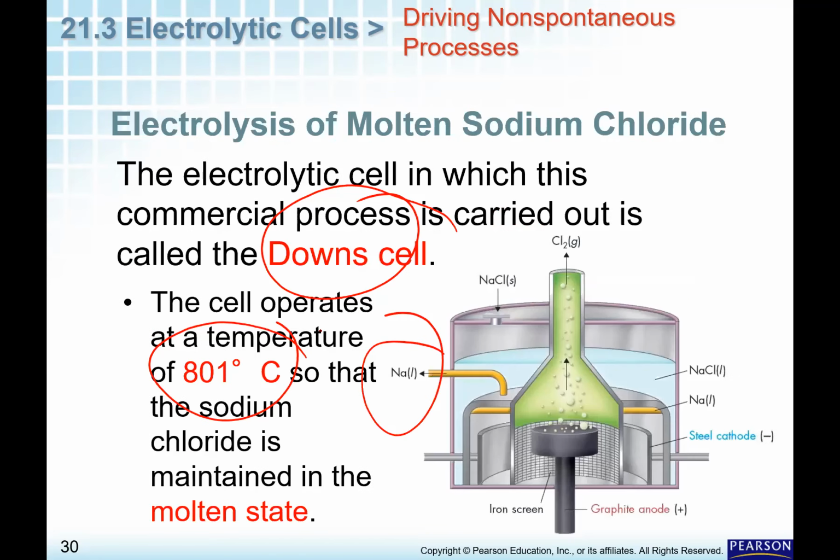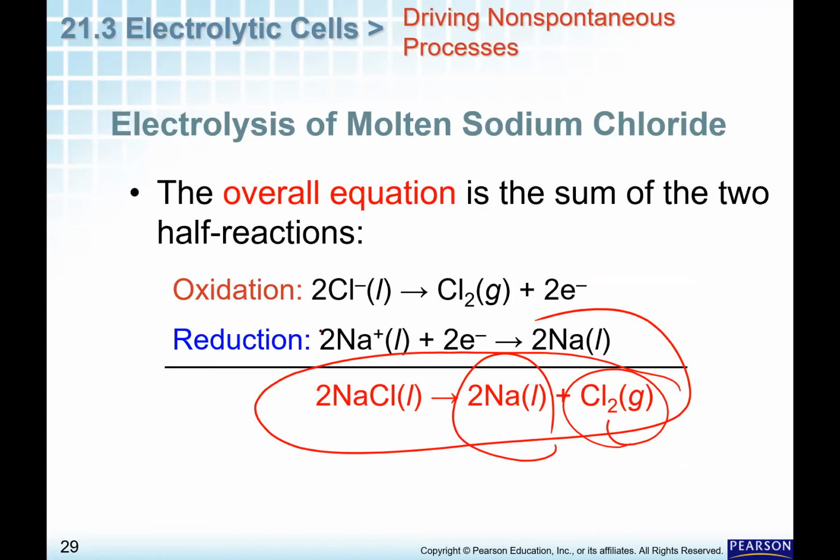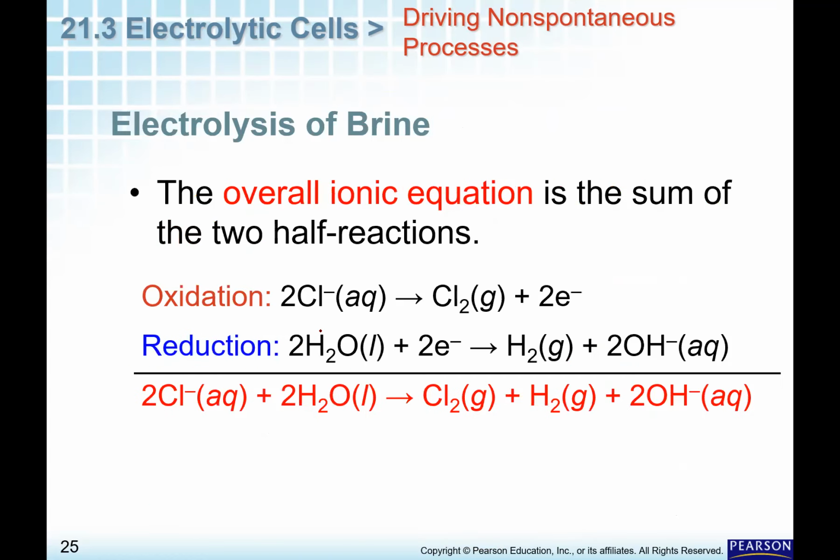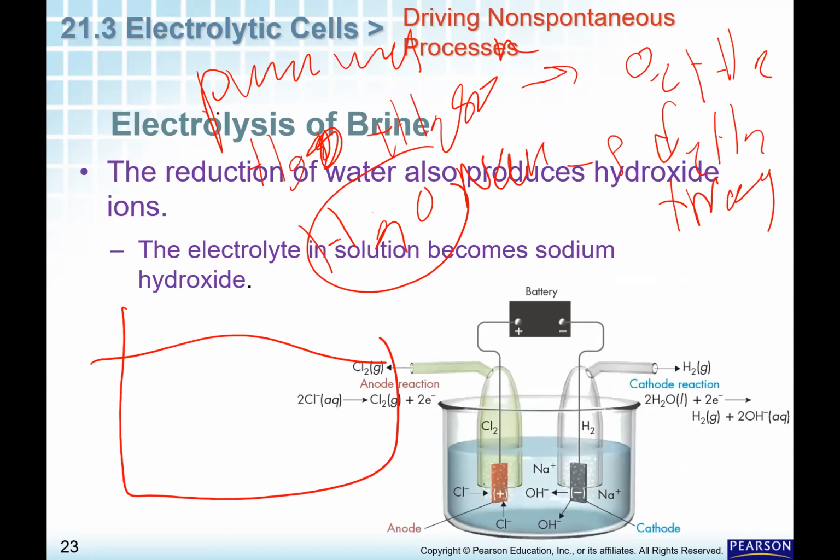Okay, so to summarize those again, I'm just going to take you back over here. Pure water, nothing is going to happen. Water with some electrolyte will produce O2 and H2, and that is electrolysis of water. Sodium chloride with H2O will make a brine solution. Electrolysis of brine solution will produce hydrogen gas, chlorine gas, and sodium hydroxide.